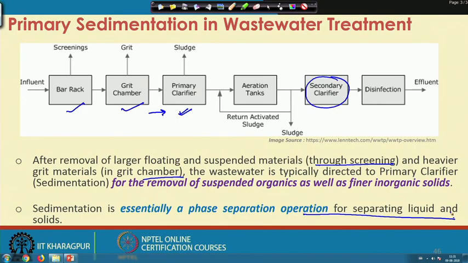The water or aqueous phase becomes free of those particles which settle down, and then the overflow of the water is collected and processed further. That is essentially the separation of liquid phase and solid phase, which typically takes place in a primary sedimentation basin.